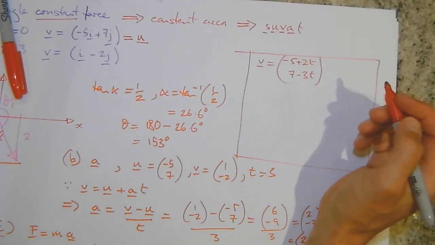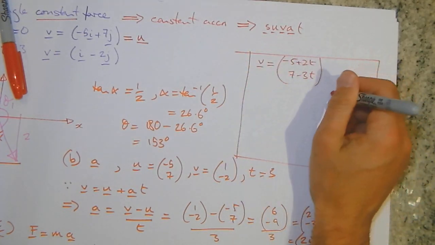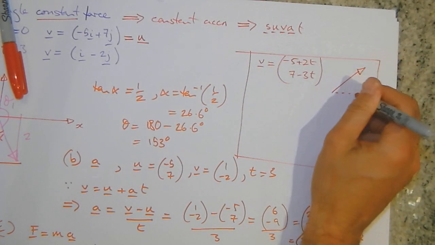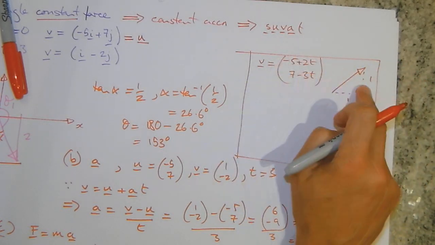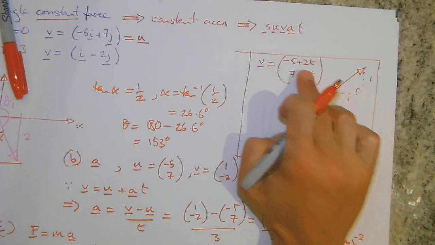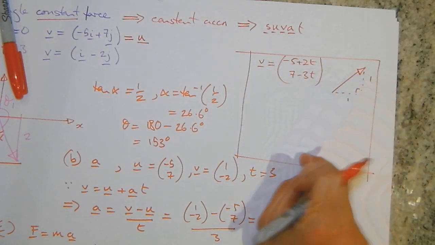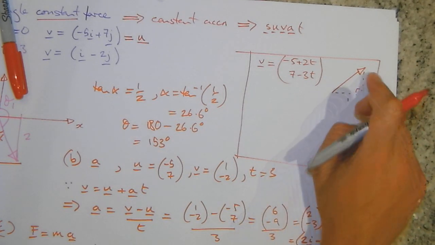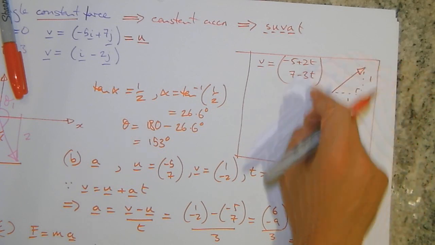Right, concentrate. When is it travelling parallel to i plus j? So when is this velocity parallel to i plus j? When is that parallel to that? This is parallel to that when this is a multiple of that. 1, 1, 2, 2, 3, 3, 4, 4, 5, 5 are all parallel to that one.